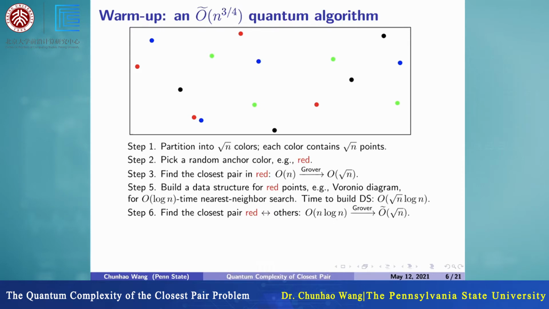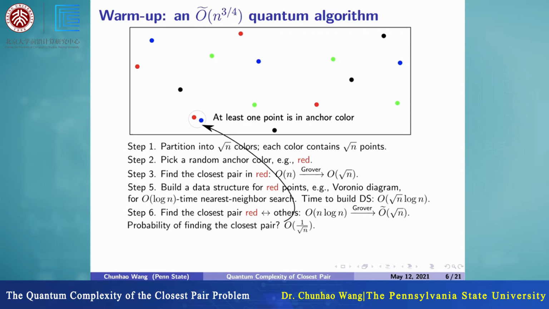But you can use Grover to get roughly a square root n speedup for this step. Now we assume that either the closest pair is within red or is between red and other colors. So what's the probability that this can happen? The probability that at least one point is in red is 1 over root n.